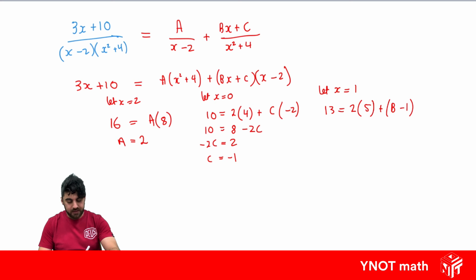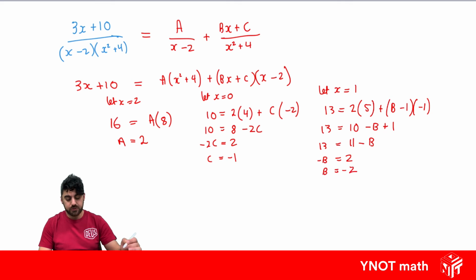And letting x equal 1, 1 minus 2 is minus 1. So we get 13 equals 10. Expanding that minus, we'll get minus b plus 1. So we get 13 equals 11 minus b. So minus b is equal to 2, so b has to equal minus 2.